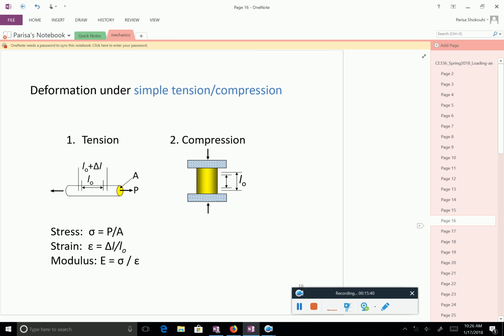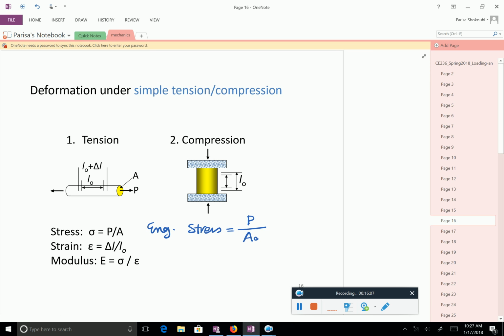If you pull it with the force P, the original cross section is A. If you pull it, the stress, the engineering stress, would be force over original area, A0. Stress at any time would be force over the area.